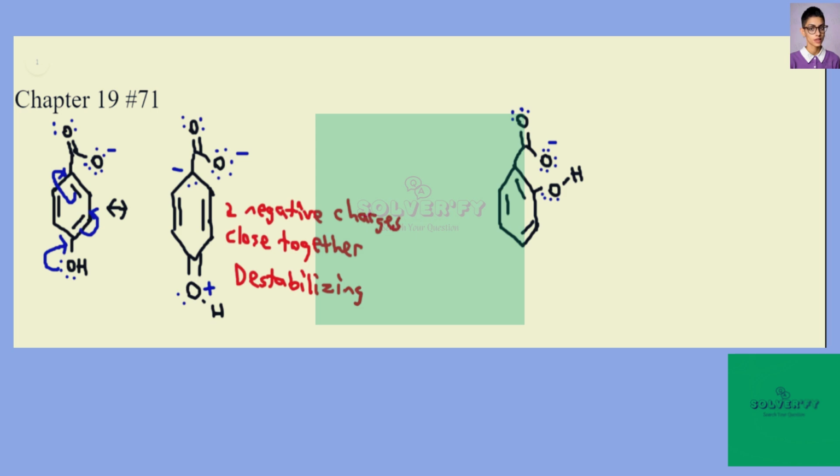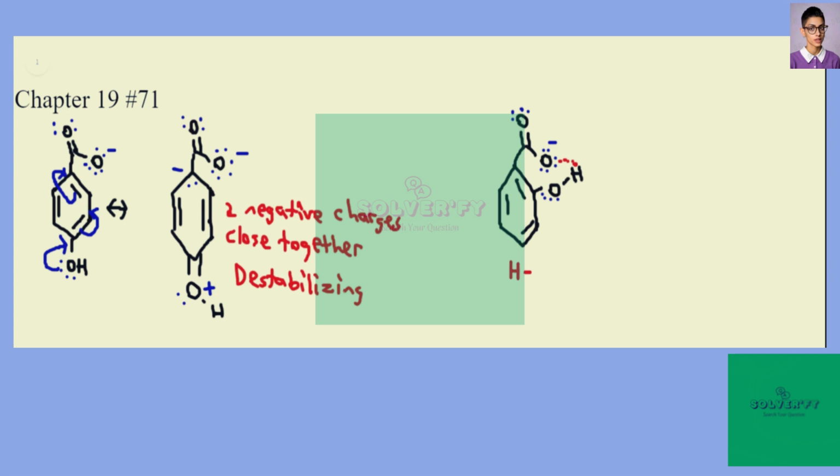So if we look at the deprotonated version of the ortho-hydroxybenzoic acid here, what we see is that this deprotonated carboxylic acid is actually close enough to this hydrogen on the hydroxy group that it can hydrogen bond with it.